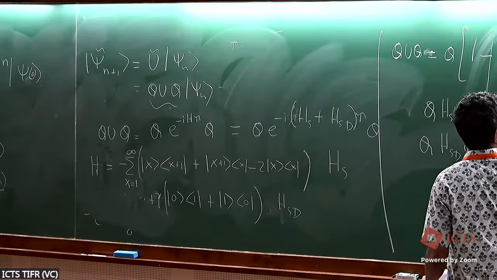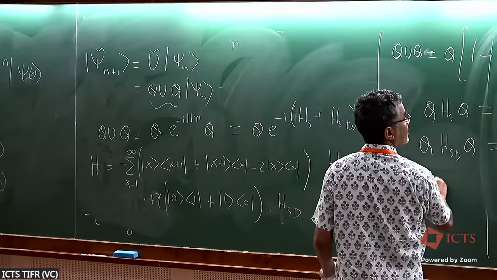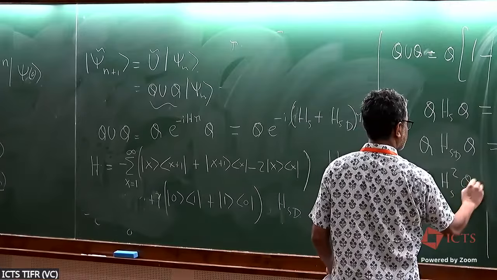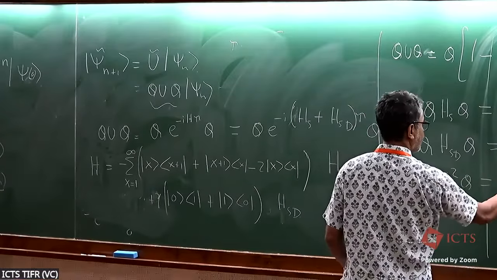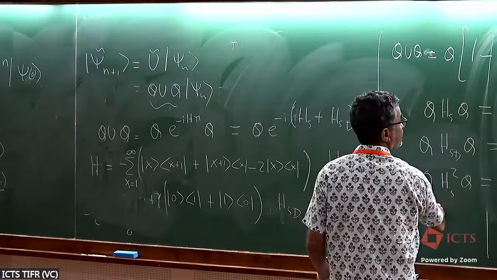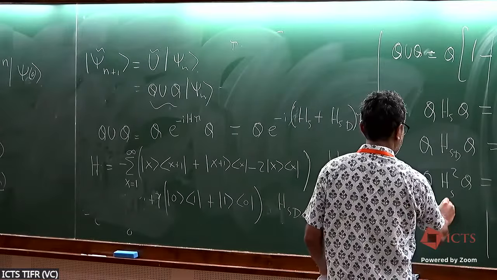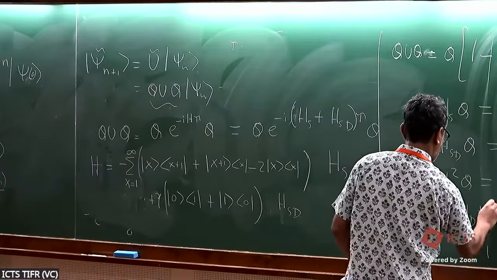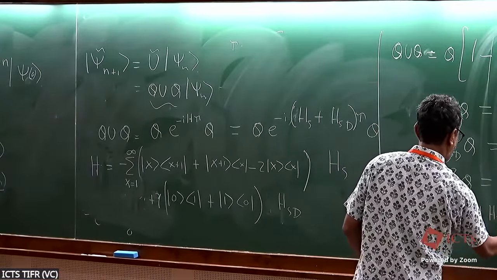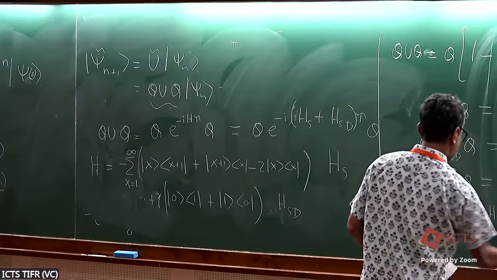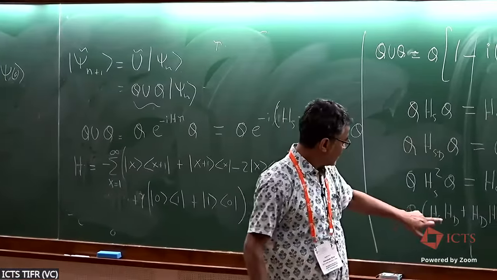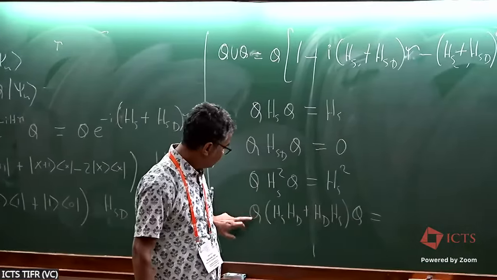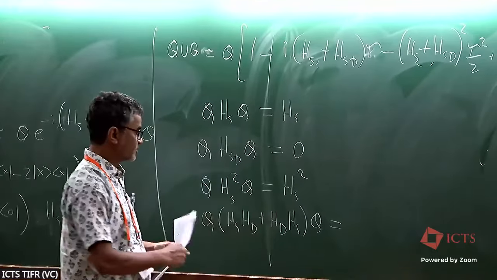Okay, then let's look at these terms. Again, there are various terms. So Q H_S squared Q will again be H_S squared. And then we have these other terms, which are also 0, because when H_D acts on Q, it will be 0, and Q acting on H_D is also 0.